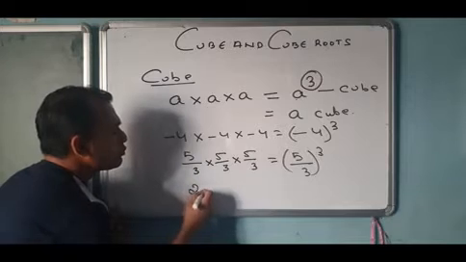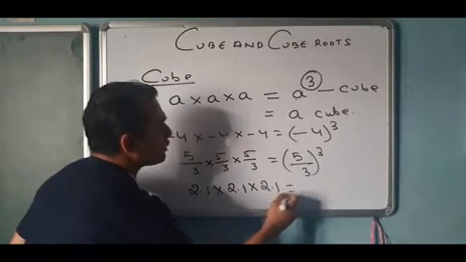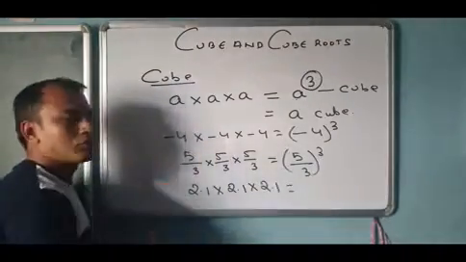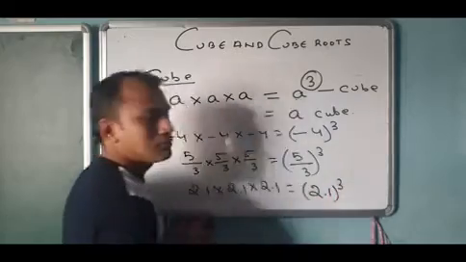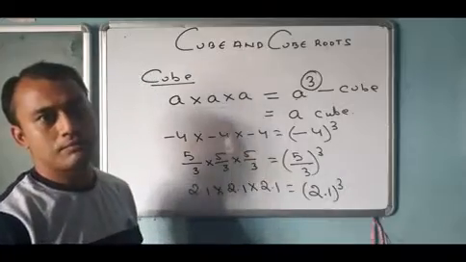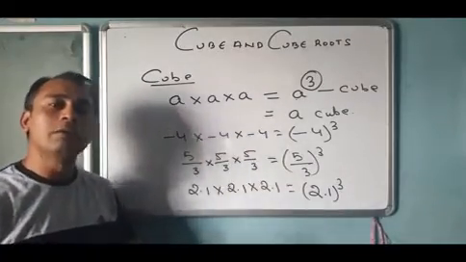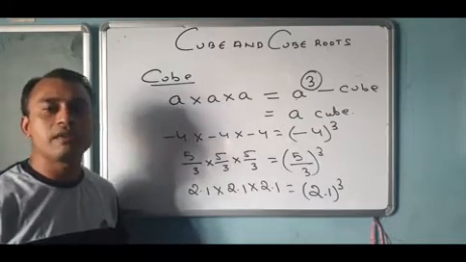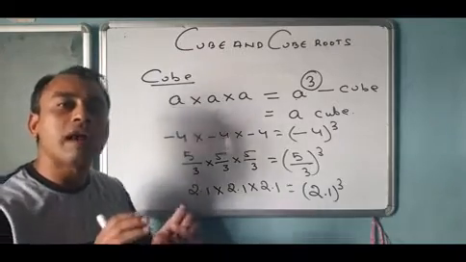Similarly, if I say 2.1 into 2.1 into 2.1, here I have taken a decimal number, so this also can be written as 2.1 cube or 2.1 raised to the power 3. This way, if any number is multiplied with itself 3 times, that product can always be expressed as a power of 3, and we consider it the cube of that number.